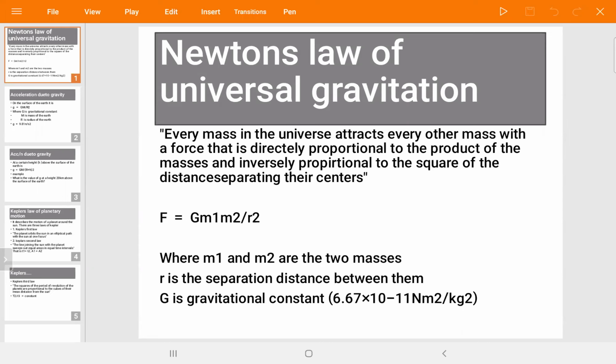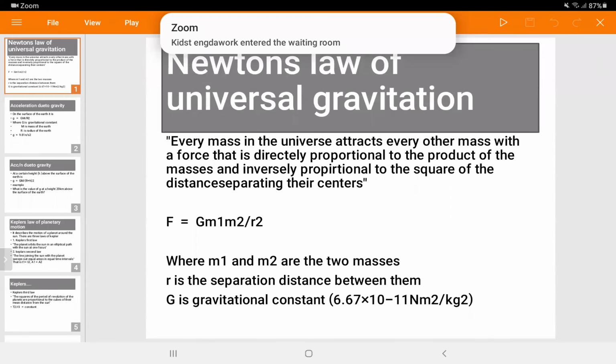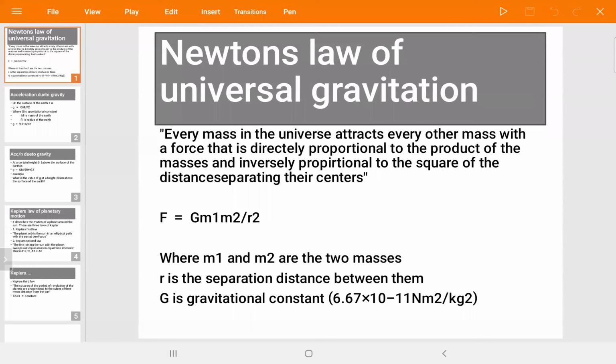And one of these four forces, gravitational force, is a force that exists between two bodies, and it states that every mass in the universe attracts every other mass with a force that is directly proportional to the product of the two masses and inversely proportional to the square of the separation distance between them.